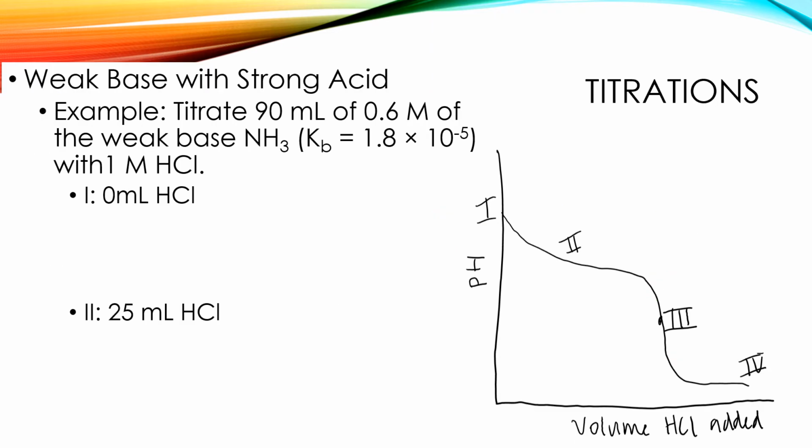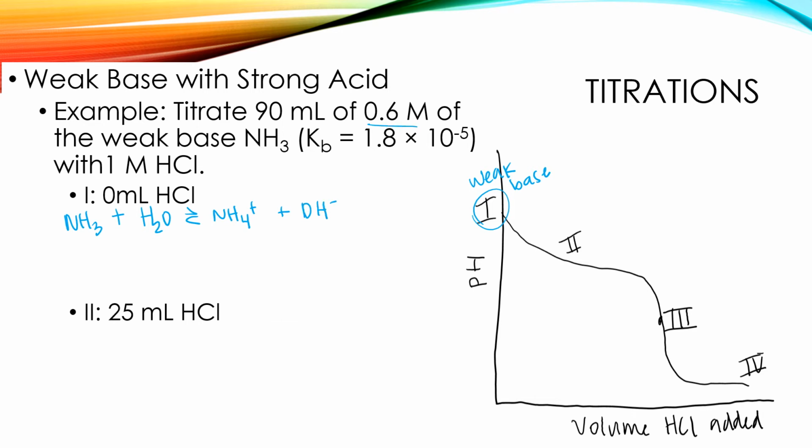All right, so let's do some example calculations for the weak base with the strong acid. So we're going to start at region 1, where all we have is the weak base ammonia. So we have ammonia plus water makes ammonium and hydroxide.